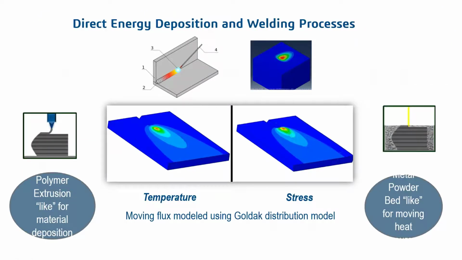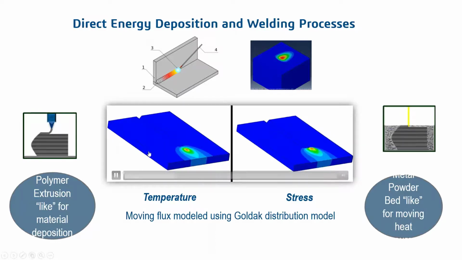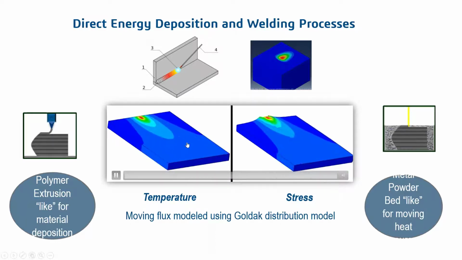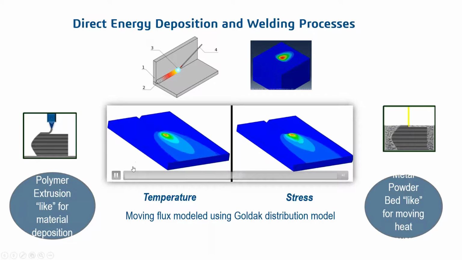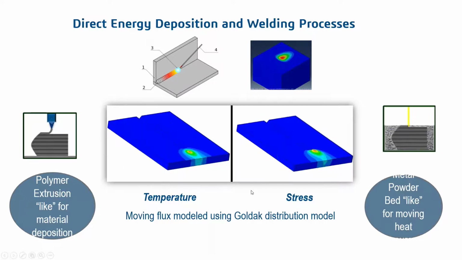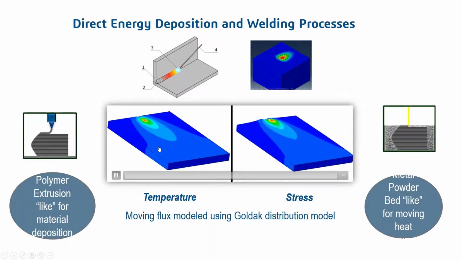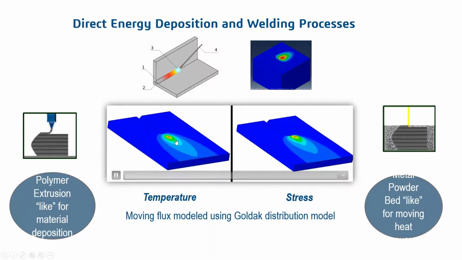I mentioned welding as an example where we could backfit the AM simulation capabilities. Welding is in fact what we could call an additive manufacturing process, in a way that we add material and we add heat into our model.